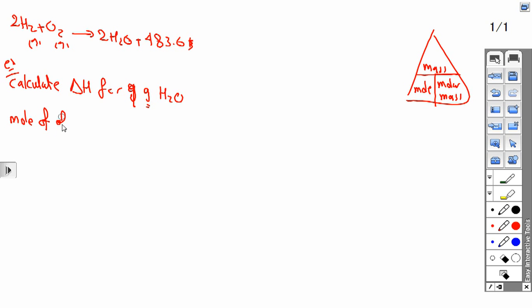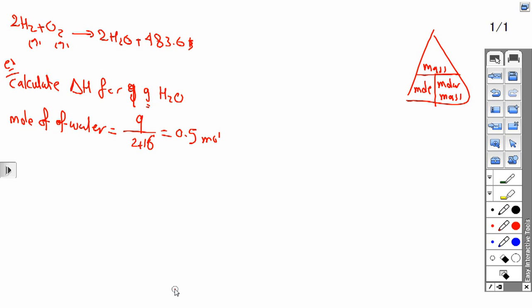Moles of water equal 9 over the molar mass. The molar mass of water is 2 plus 16 equal 18. 9 over 18 equal 0.5. 0.5 mole or half mole.